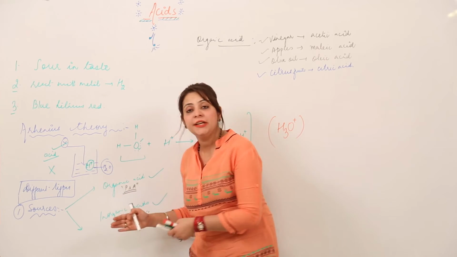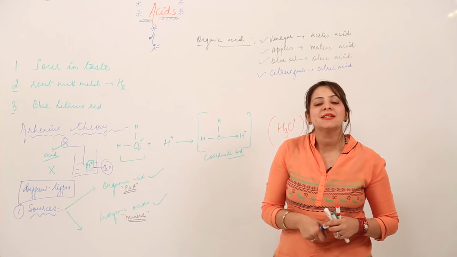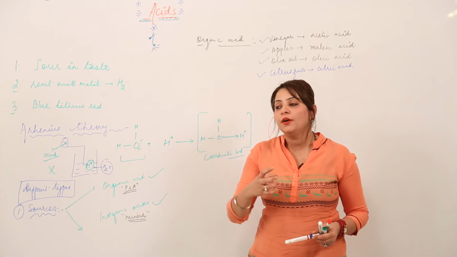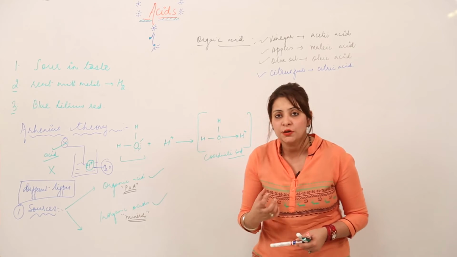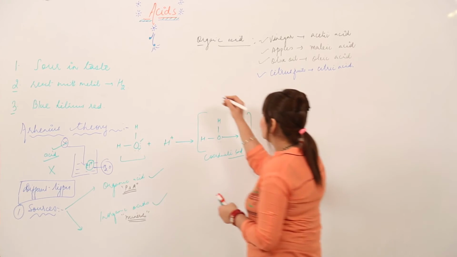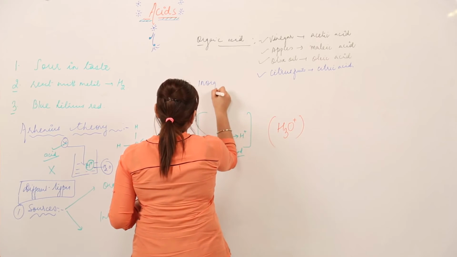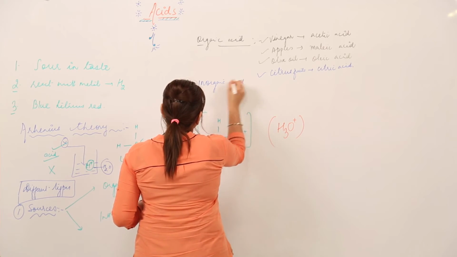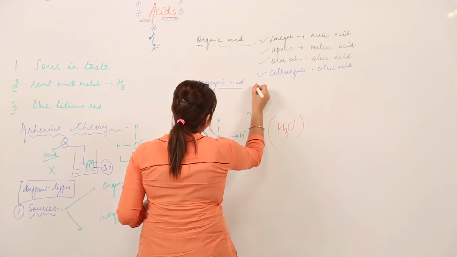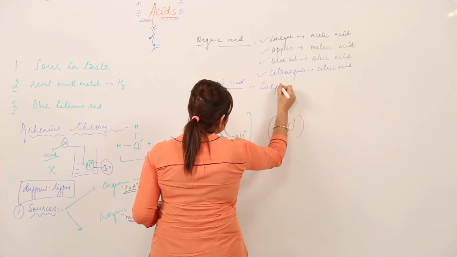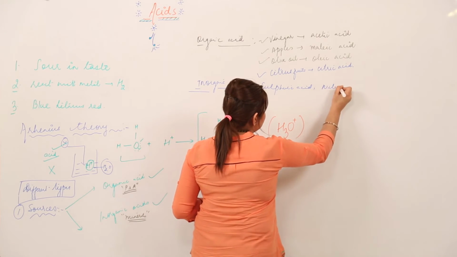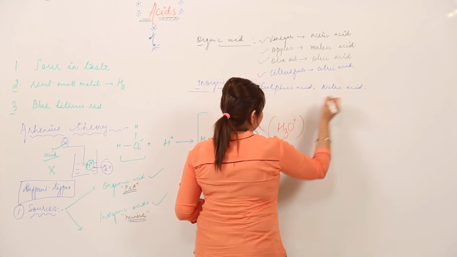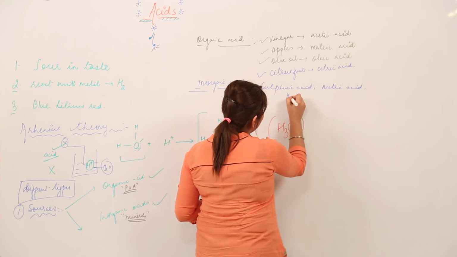Now, when we come to inorganic acids, these are the acids which are found in or obtained from the minerals present in the earth's crust. So, what are those acids? We have many inorganic acids, out of which the main acids are sulfuric acid, nitric acid, and hydrochloric acid.